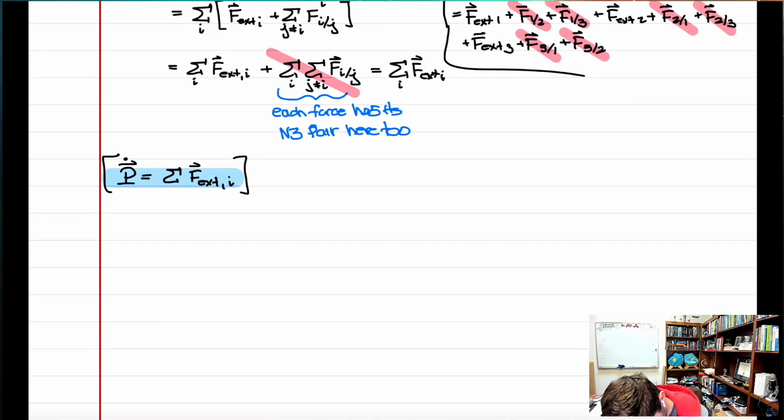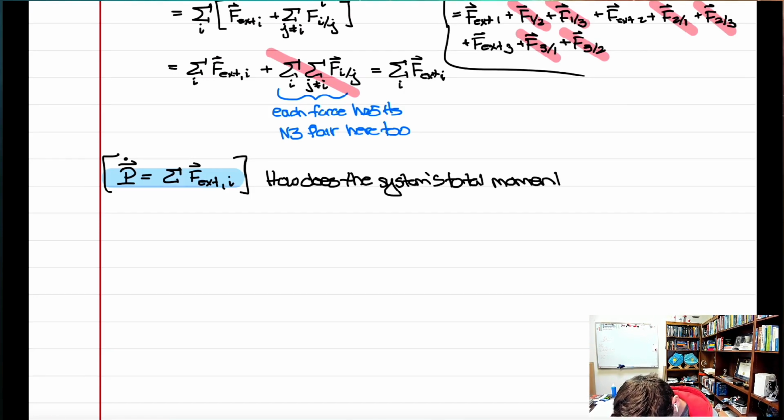How does the system's total momentum change? It changes only from external forces.